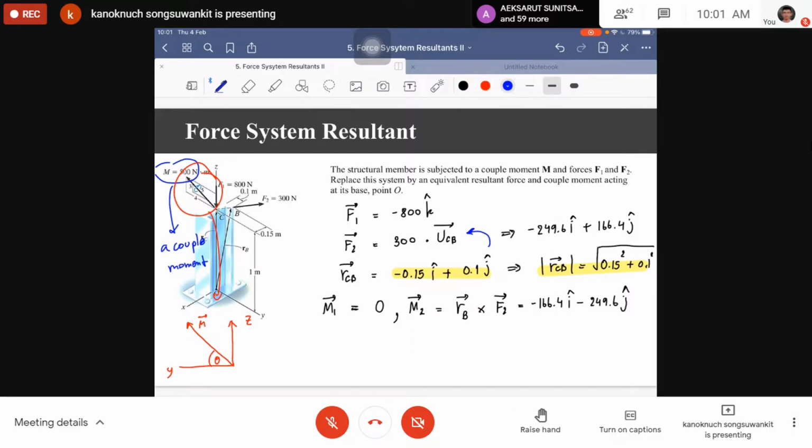So you can resolve this couple moment into Mx and My by using this triangle. So after resolving, we have M in Cartesian form as this.